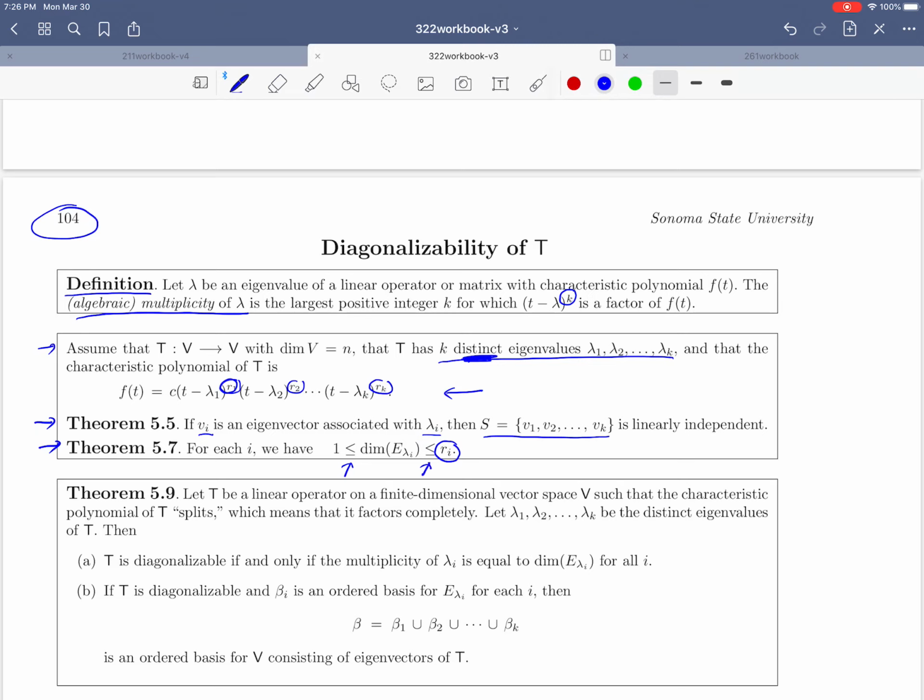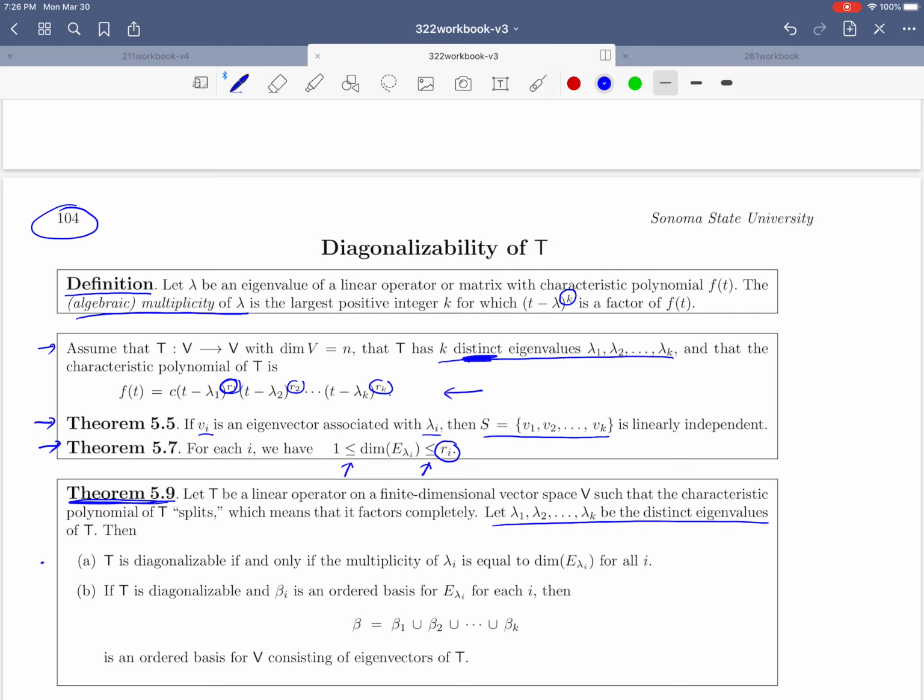Now that we have this terminology behind us, we can state Theorem 5.9, which is a big result about diagonalizability. It gives us another way to think about it. We'll start with the same assumption that we did above, assuming that we've got a list of distinct eigenvalues, lambda 1 through lambda k.